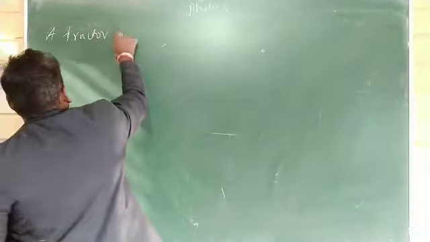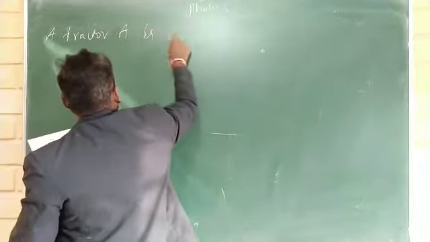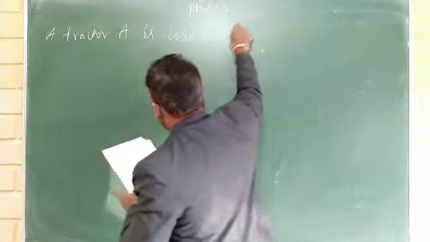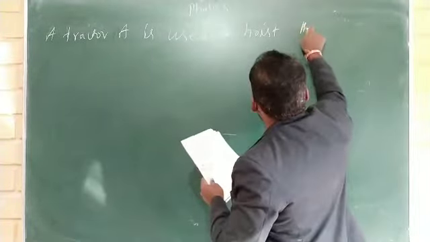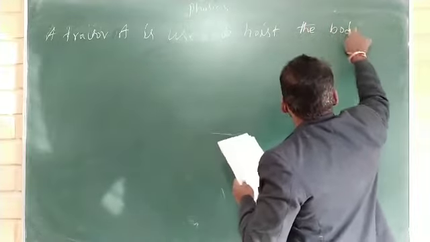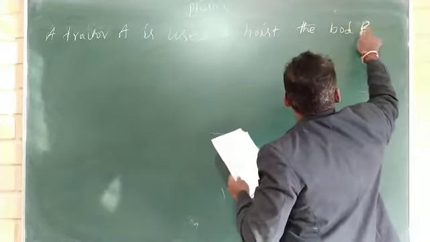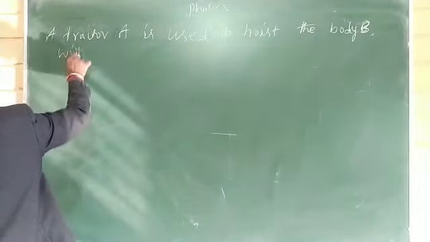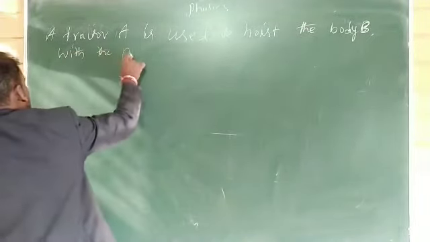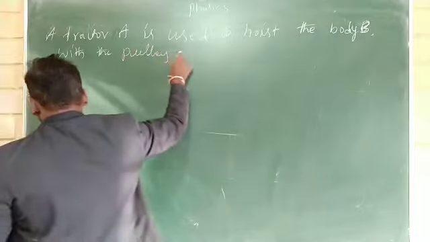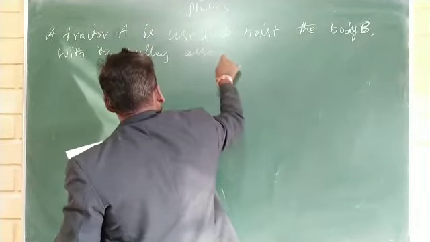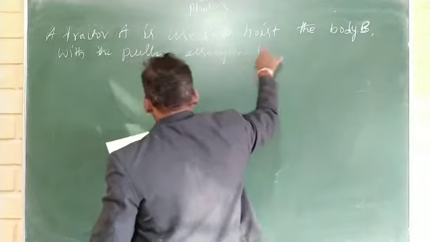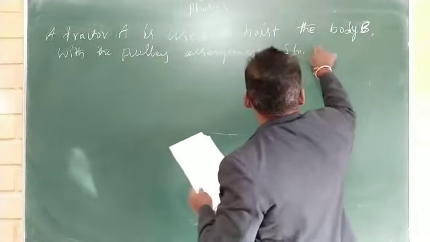Tractor A is used to hoist the body B with the pulley arrangement shown in the figure.